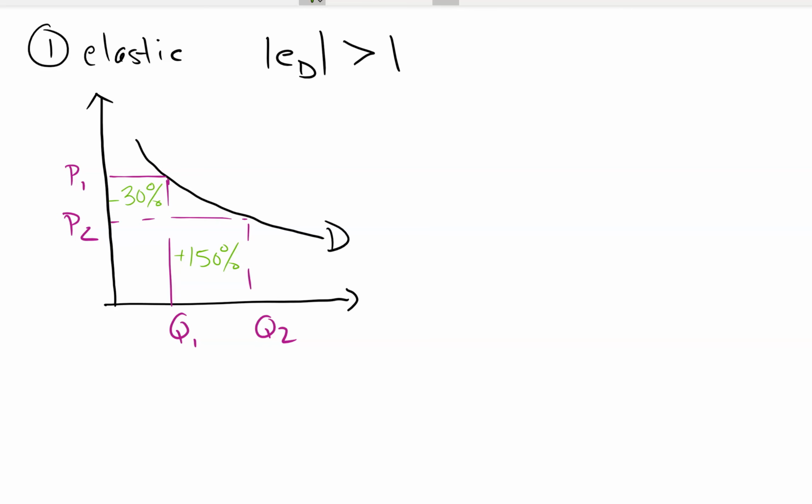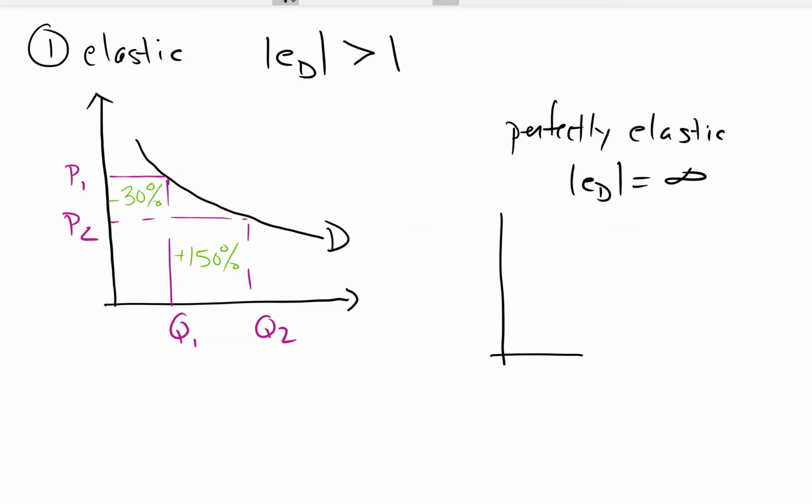Now, the most extreme case of this is something called perfectly elastic. So perfectly elastic is where any tiny change, we can also say it's infinite, so any tiny change would lead to a total change of the quantity.